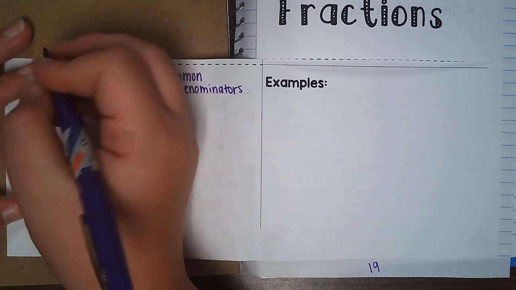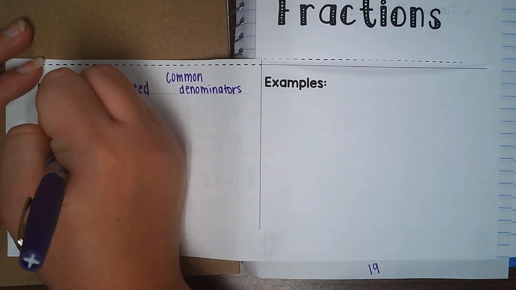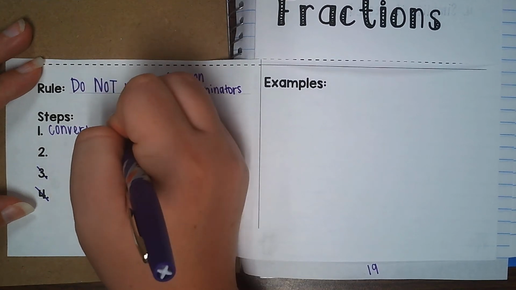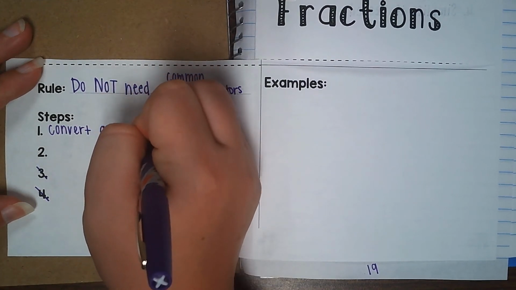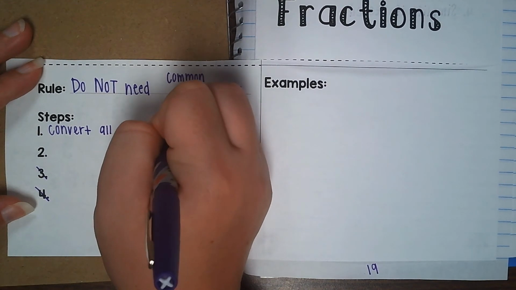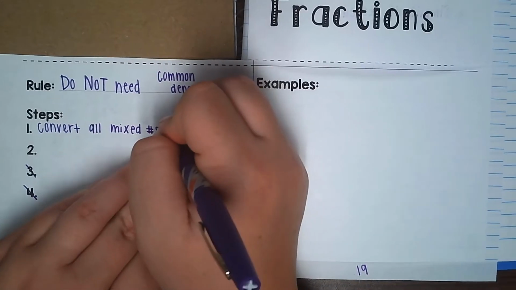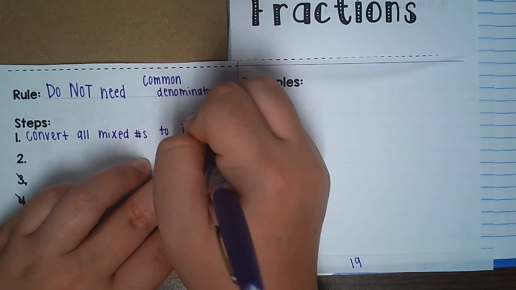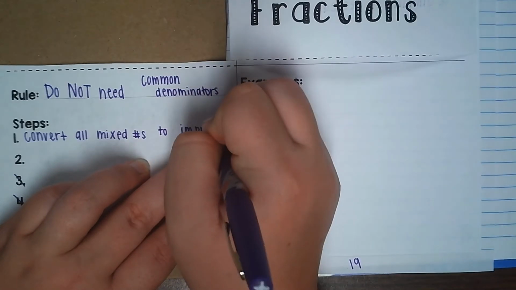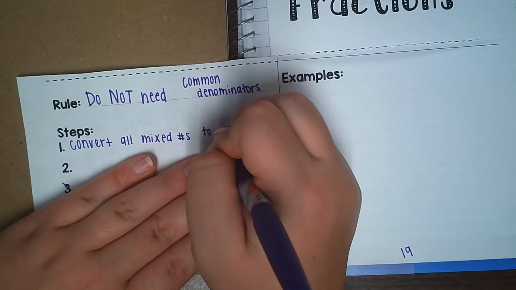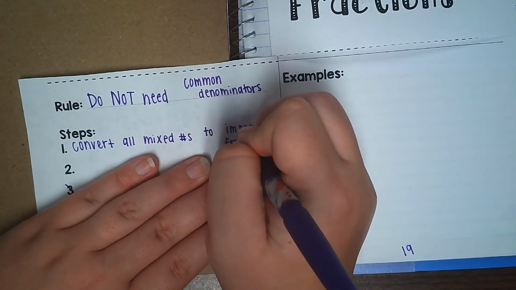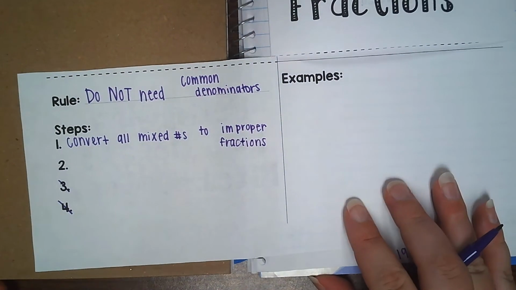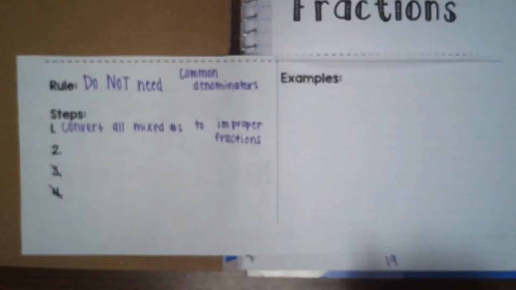So step 1 is to convert all mixed numbers to improper fractions.